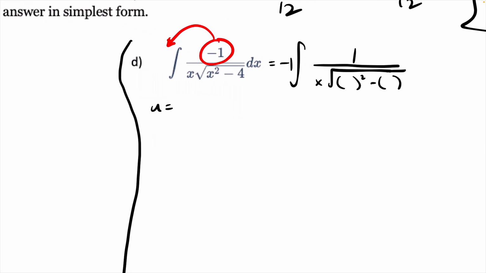So U is X. What is A going to be here? It's going to be 2, actually. It's going to be 2 because it's x squared. So how do I make 4? 2 squared. So that's why it's 2.